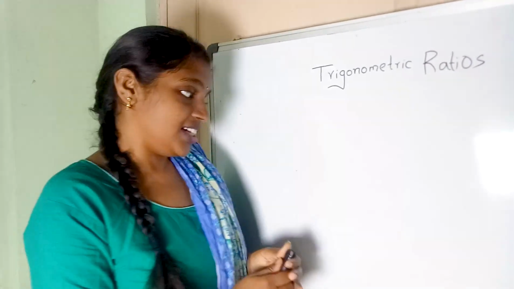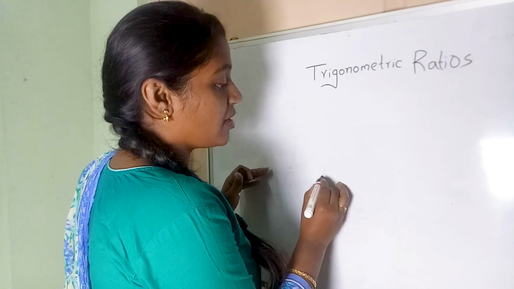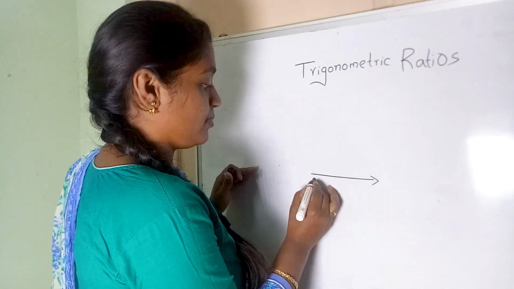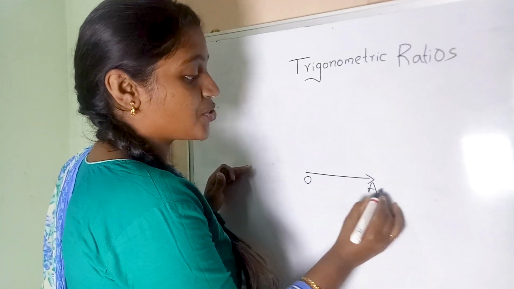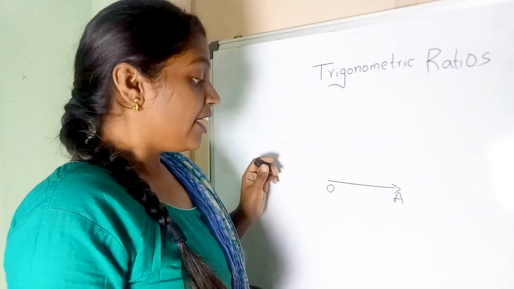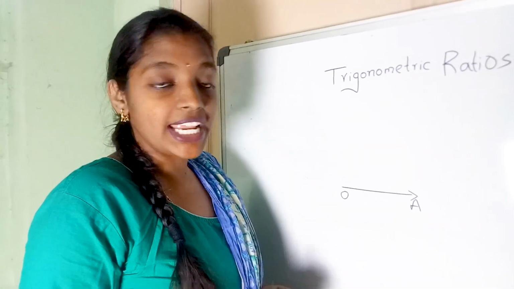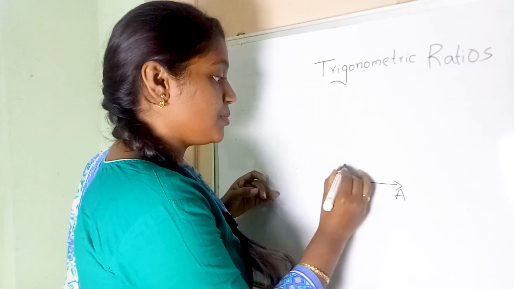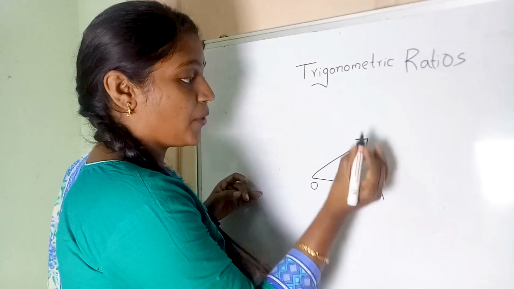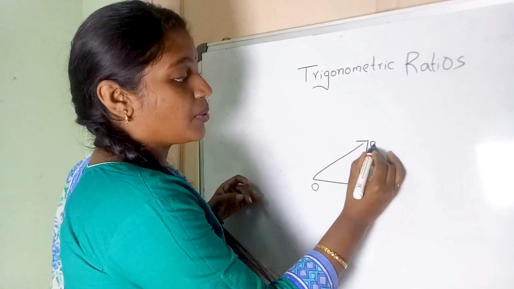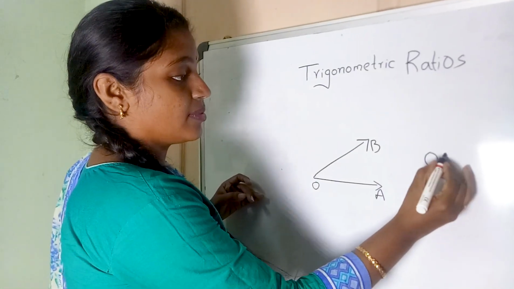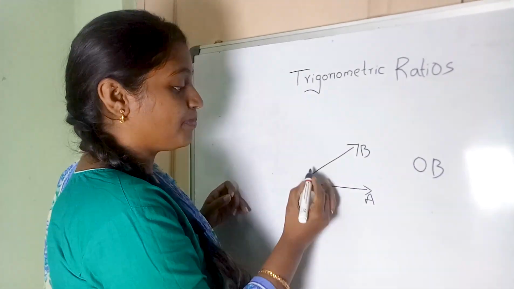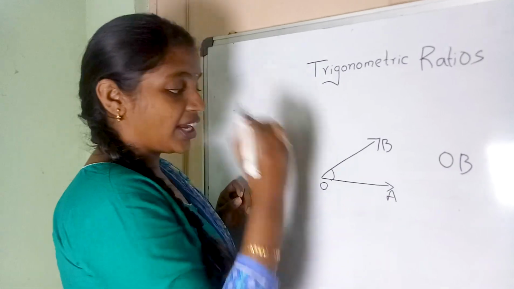Let's see. Draw a ray OA. Now consider this ray OA. When it rotates about its endpoint, from here to here, it generates OB. Now it makes an acute angle.